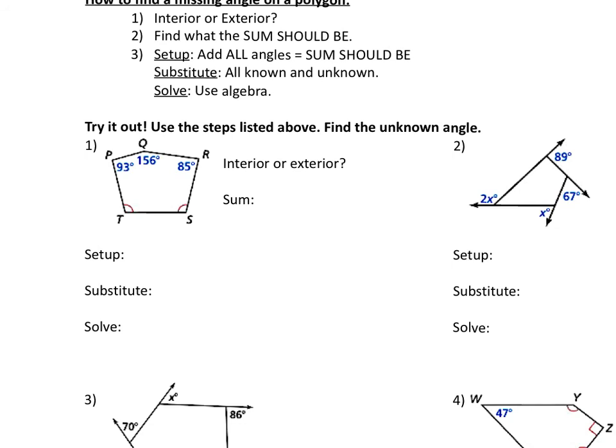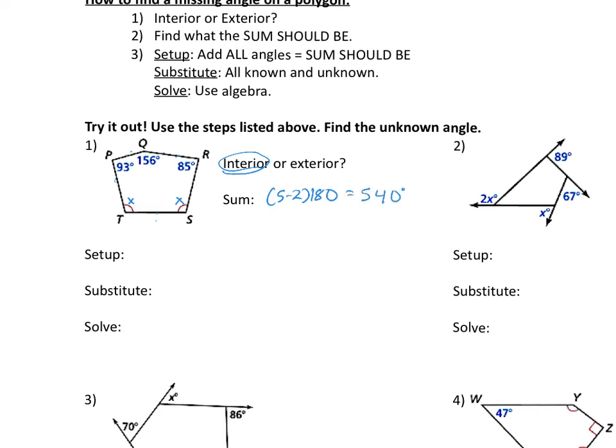Find the unknown angle. What unknown angle are we looking for? These ones that they have marked down here. Those are interior angles. The sum of those interior angles, well, let's find out. There's 1, 2, 3, 4, 5. So 5 minus 2 times 180 gives me 540.